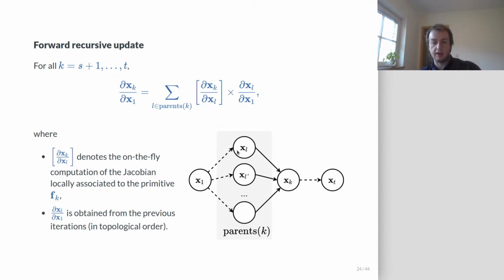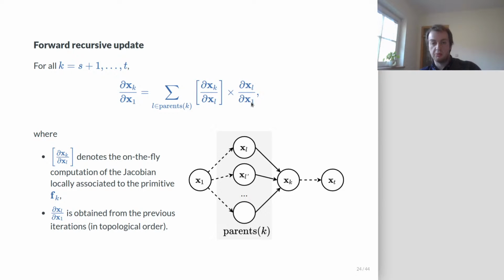We'll iterate over the parents of xk, which we call the l variables, and by the chain rule, we can express this as the sum over the parents of the product of the Jacobian of xk with respect to the parent, so its immediate input, times the Jacobian of that parent with respect to x1.